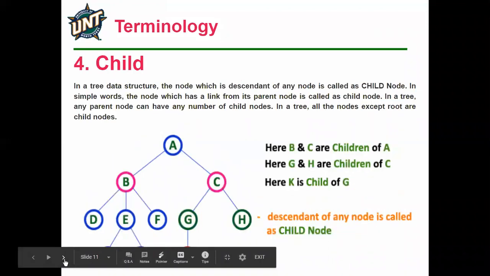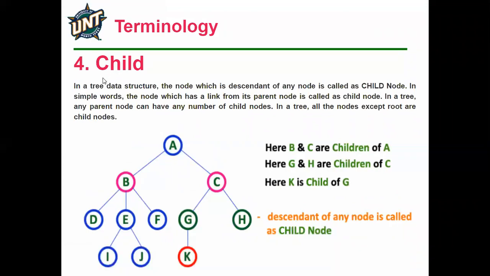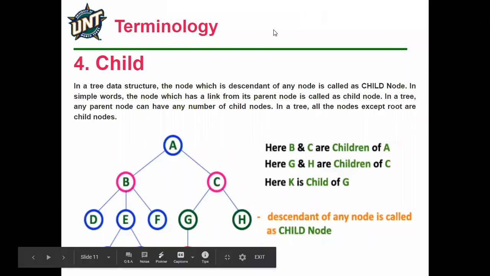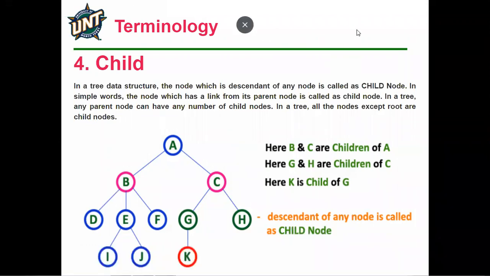So the next terminology is child. What is meant by child? Previously, for the parent node, we saw that any node having a successor is called a parent. So here is a descendant, meaning the next node. This is what a child node is, and in the given example you can easily understand that.